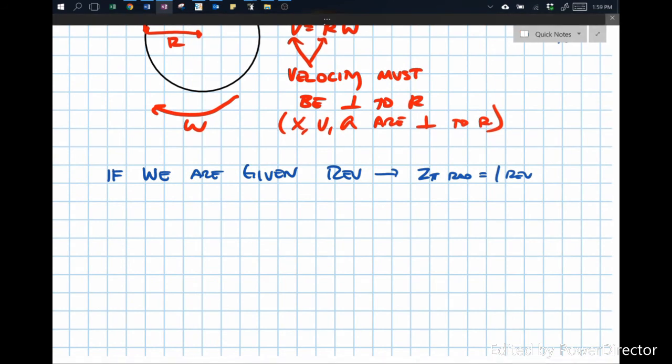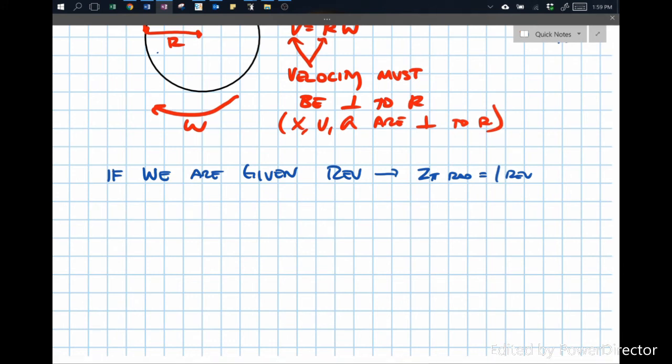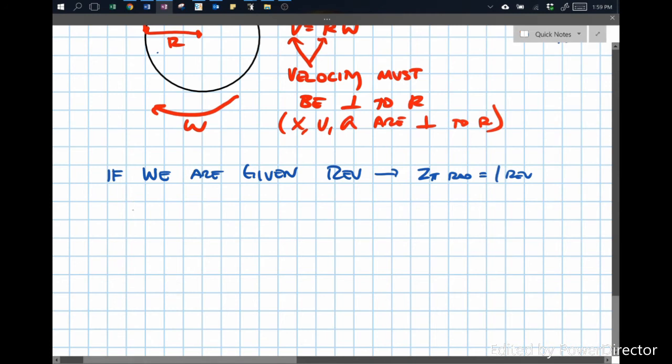Now, because we have the same relationships between theta, omega, and alpha as we do x, v, and a, we can change all of our kinematic equations.